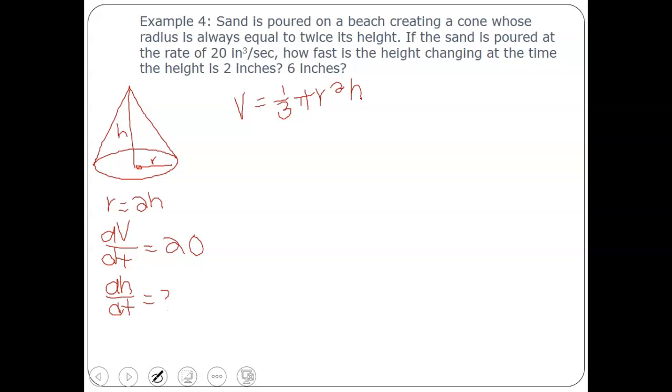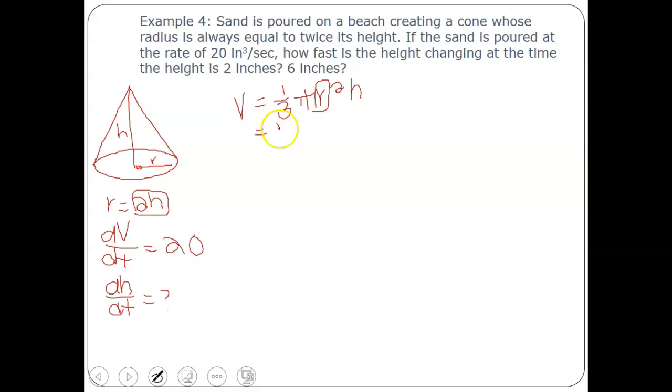All right, so here what we need to do is get rid of R because we want to find dH/dt. Can I make this equation pi r squared h over 3? Yes, so that's easier.